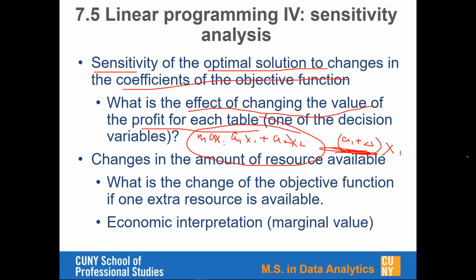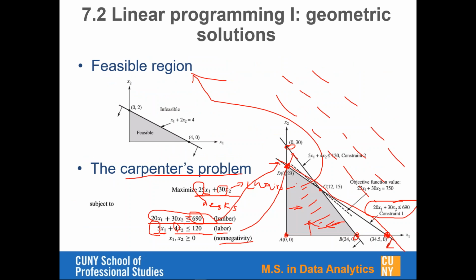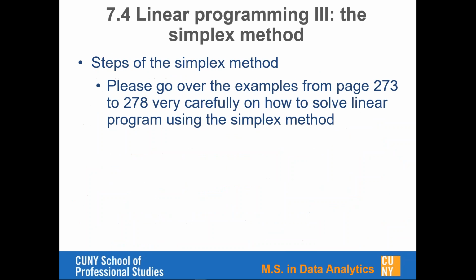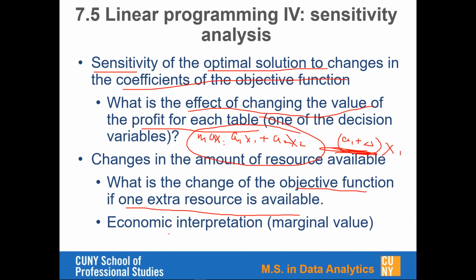The second way is, what is the change of the objective function if one extra resource is available? In the formulation that we saw, instead of 690, if we have 691, how much would my objective function change? The economic interpretation of the first is the marginal value, and the economic interpretation of this one is something called shadow price.